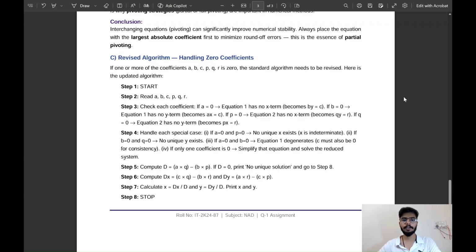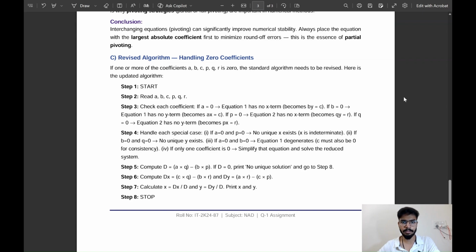First, if a is equal to 0 and p is equal to 0, no unique x exists. Second, if p is equal to 0 and q is equal to 0, no unique y exists. Third, if a is equal to 0 and b is equal to 0, equation 1 degenerates.